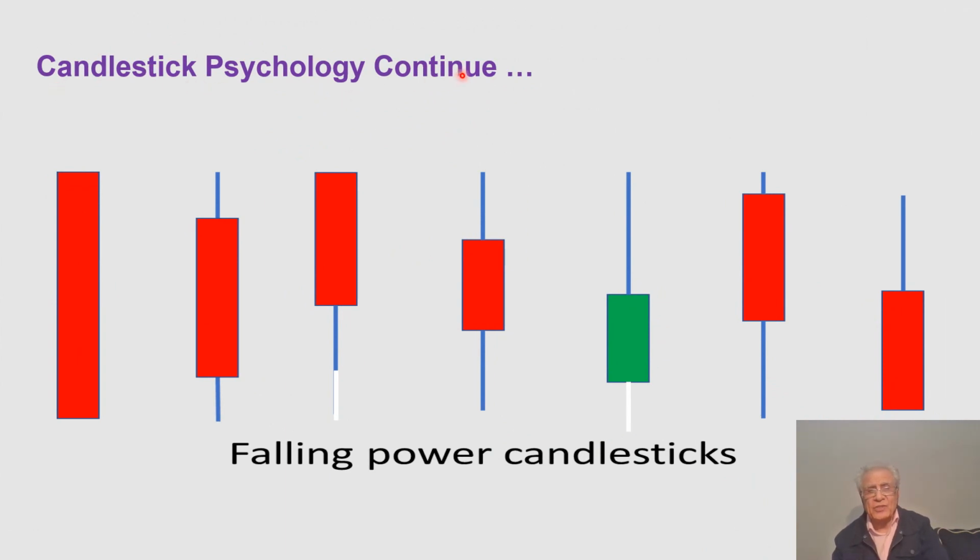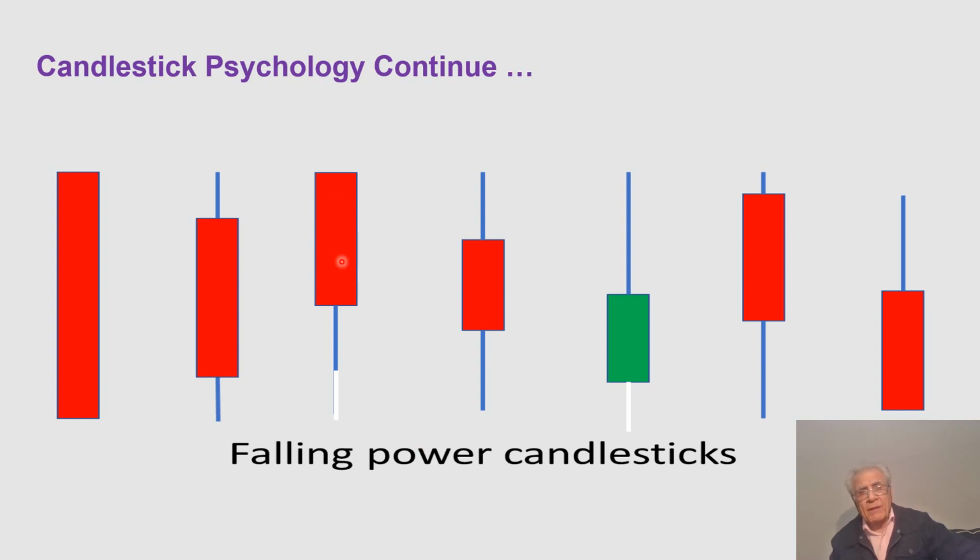Candlestick psychology continues. Here we have a long bearish Marubozu, a strong body candle that signifies falling power. And this one, again, is a very strong bearish candle with equal size lower and upper shadows. Again, that is a falling power.